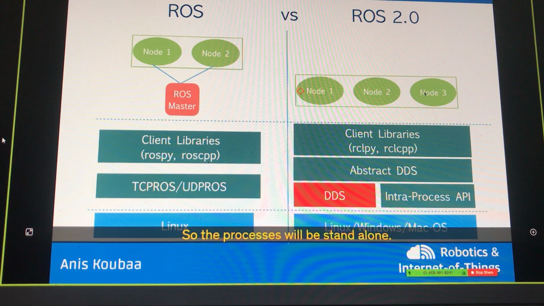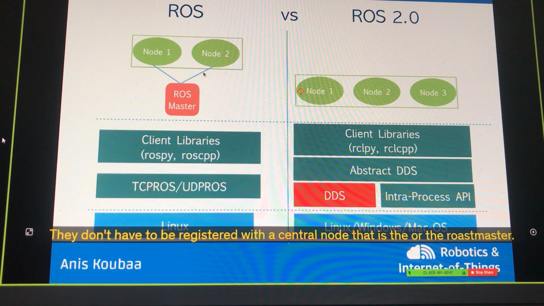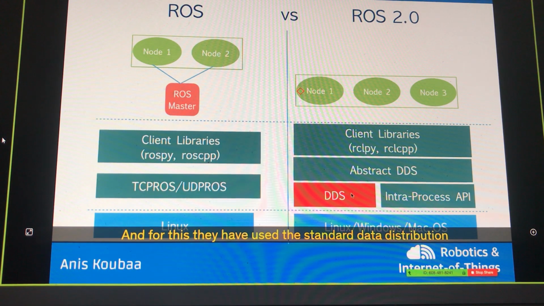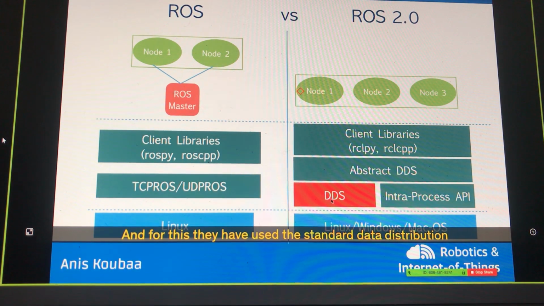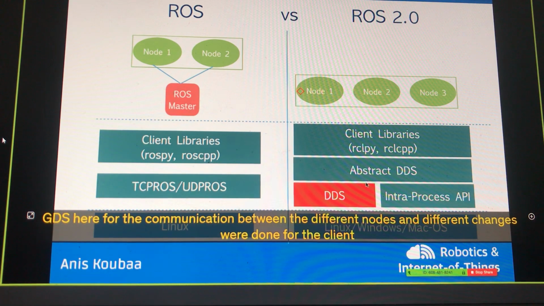So the processes will be standalone. They don't have to be registered with a central node that is the ROS core or the ROS master. And for this, they have used the standard Data Distribution Service, DDS, for the communication between the different nodes.